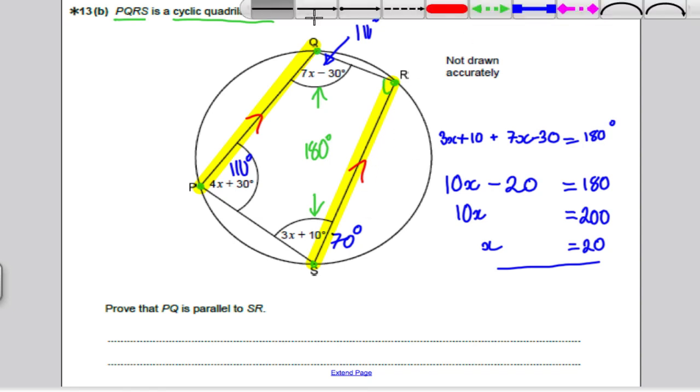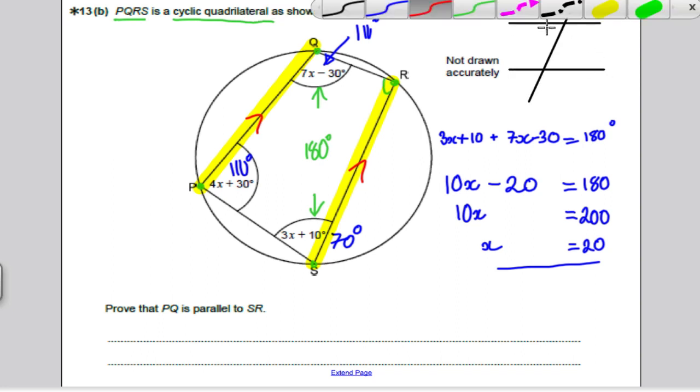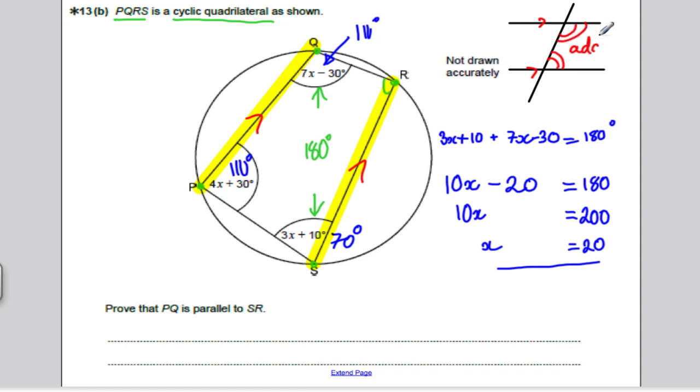Now, remember there's a rule about angles between parallel lines. Okay, if you've got two parallel lines, here and here, then interior angles, or C angles, add to 180. Okay, so if the lines are parallel, the two interiors add to 180.